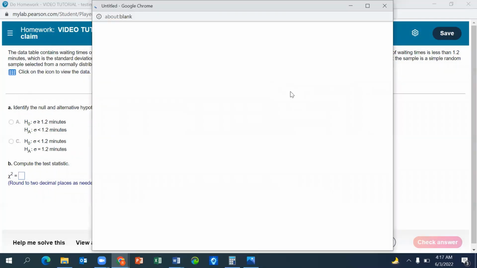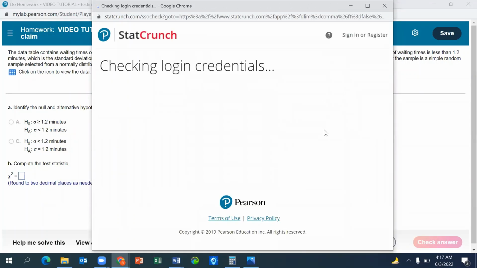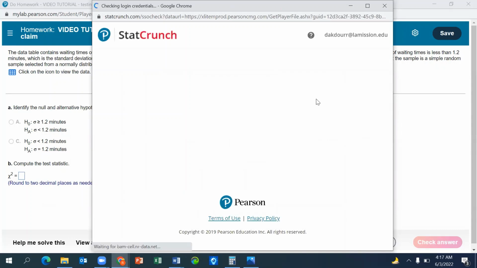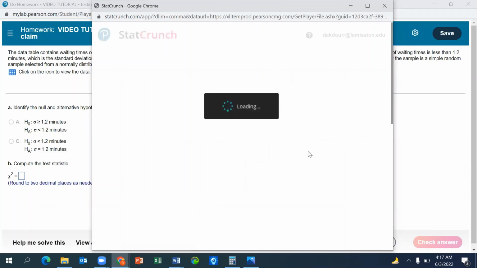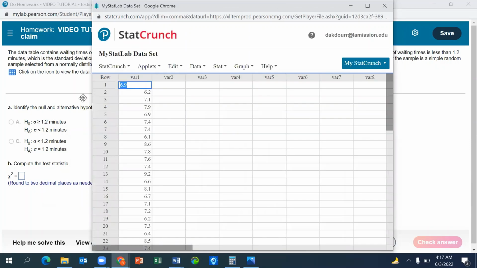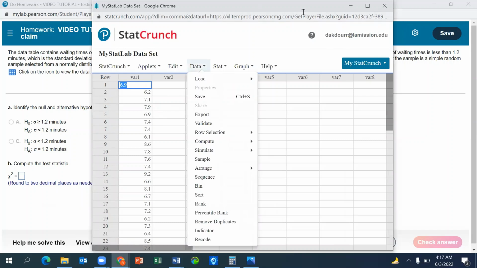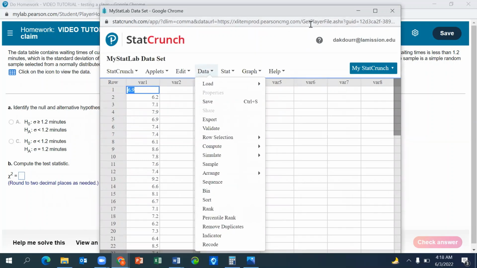You wait for it for a few seconds. It might take a little bit, loading the information. So the waiting time that we just saw is right here in column var1.